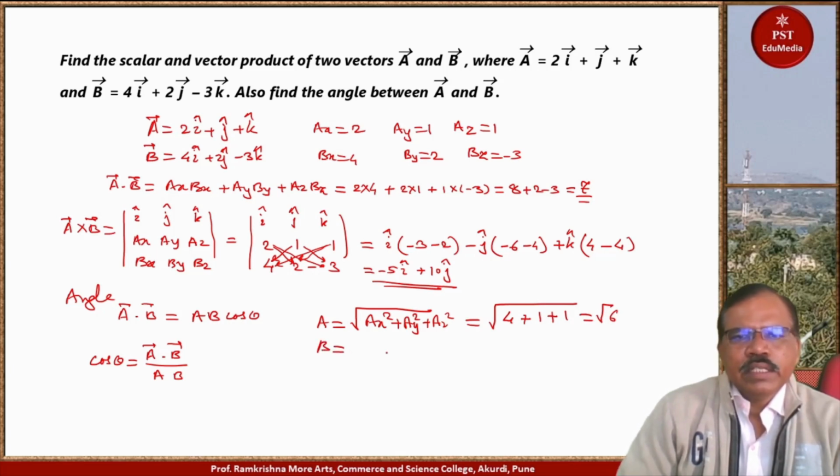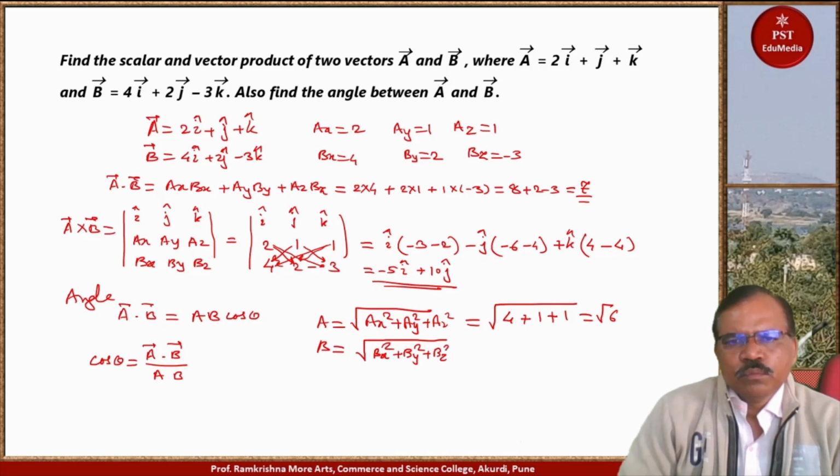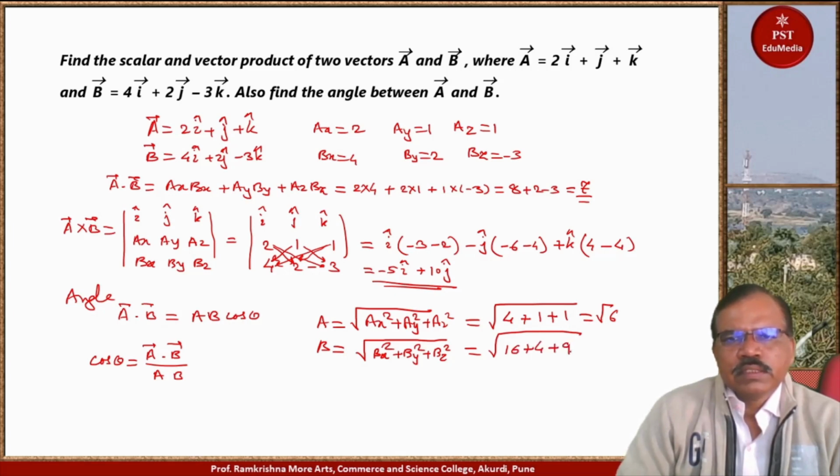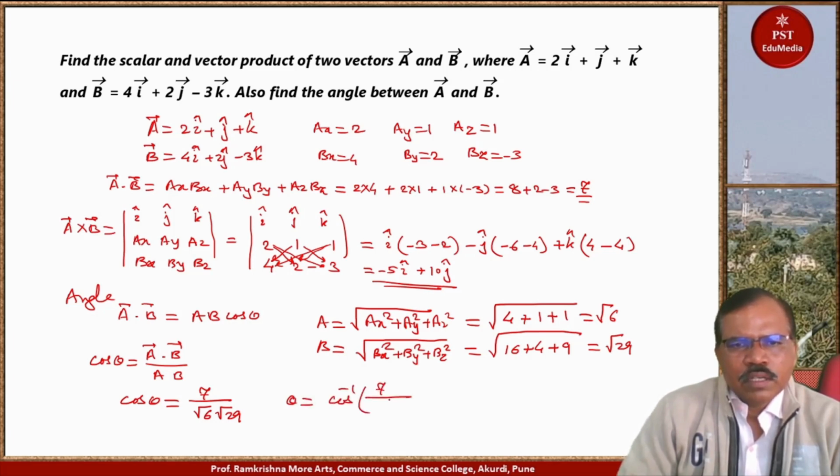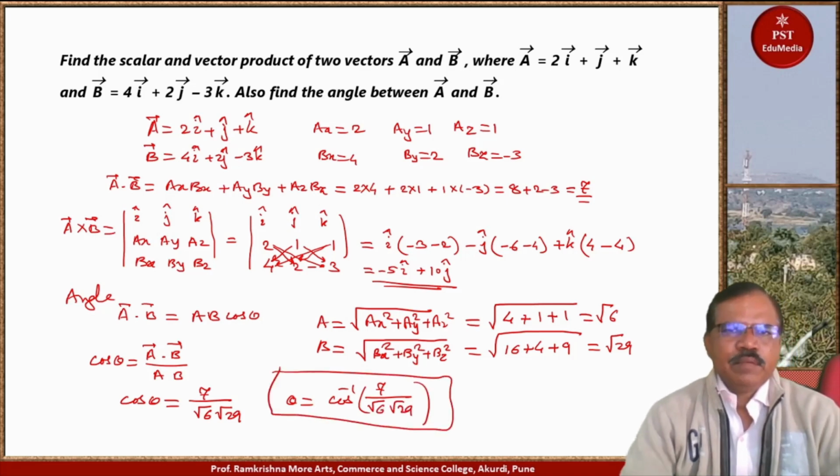And the magnitude of B is root of Bx square plus By square plus Bz square, that is root of 16 plus 4 plus 9, so root of 29. So cos theta is equal to 7 upon root 6 into root 29. So theta is equal to cos inverse of 7 upon root 6 into root 29. This is theta, the angle between A and B.